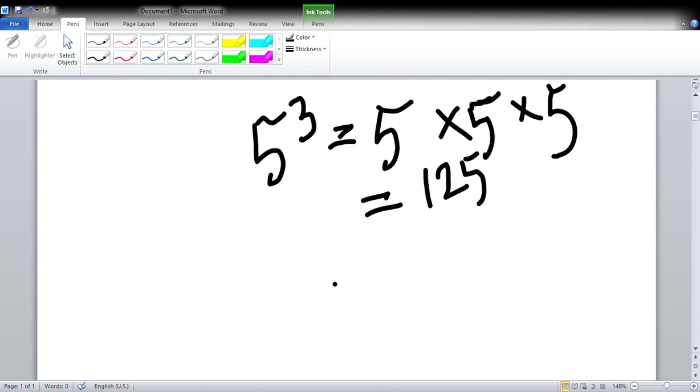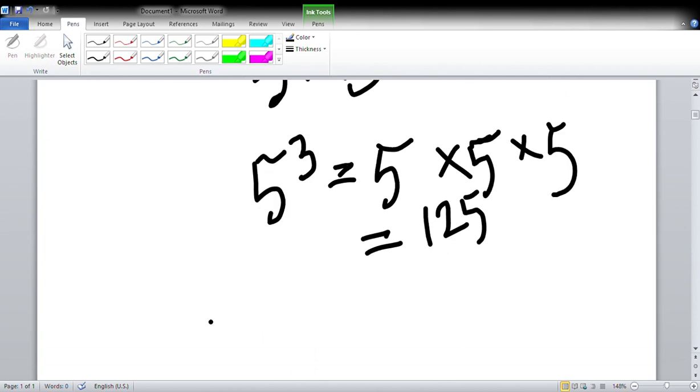But if you really wanted to convert it to logarithmic form, suppose 5 to the power 3 is written in exponential form. That's what we studied in the previous chapter, indices, right?